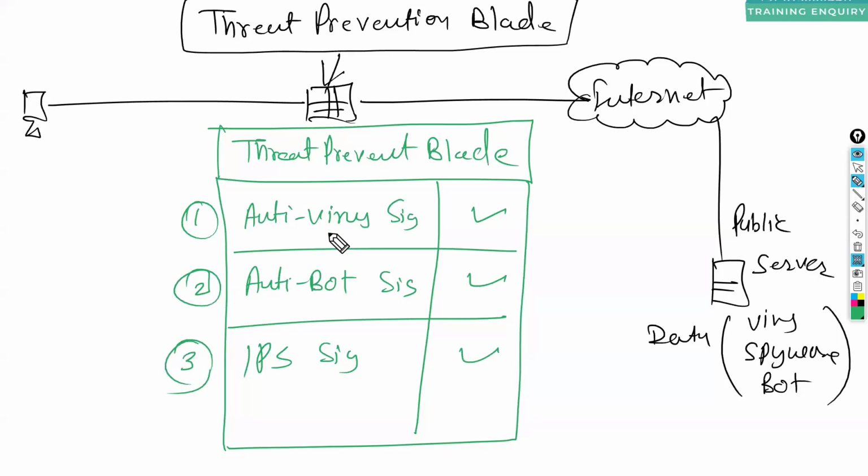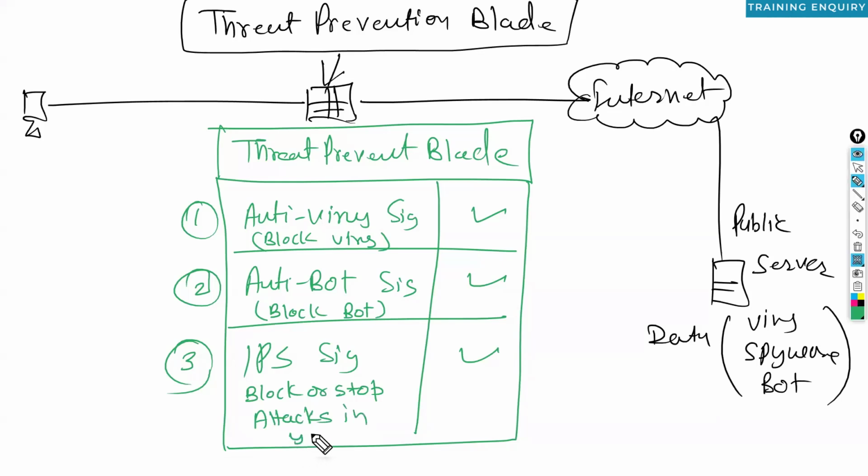With the help of antivirus, we will block viruses. With the help of anti-bot, you will block bot traffic in your organization. And with the help of IPS signatures, you will block or stop attacks in your organization. Done.